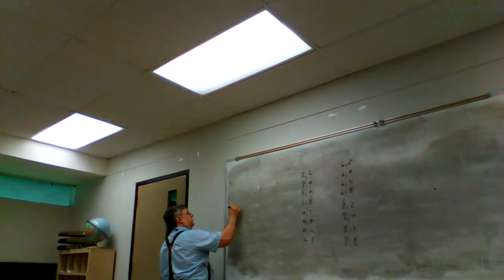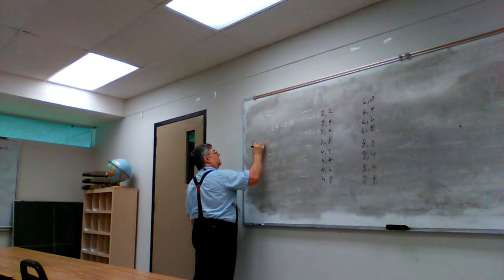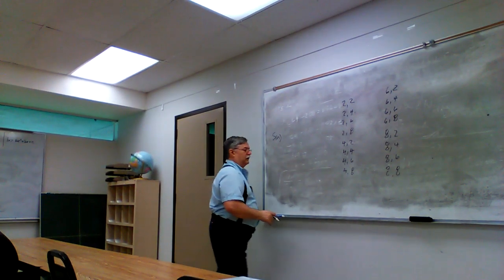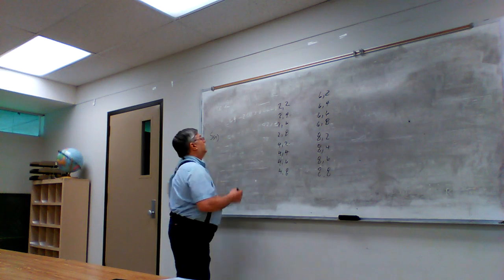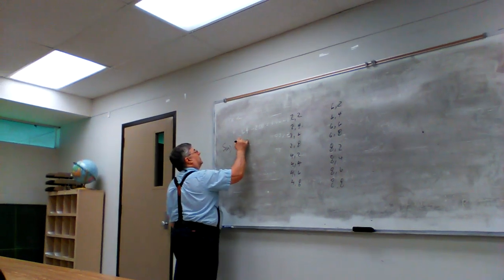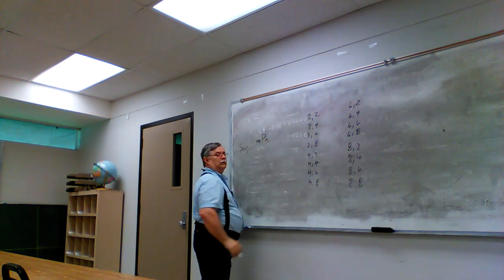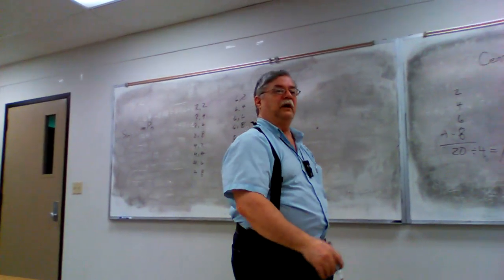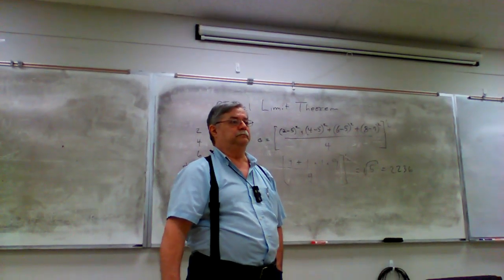The total number of samples of size n from a population of m members is the total number of permutations of n size from a population of m.